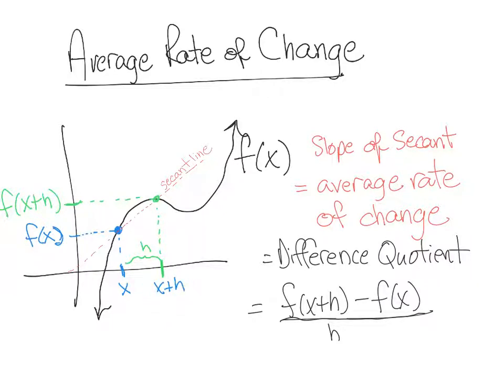And then we're going to use any x value instead of a number, and any distance instead of a particular number. This way we can find a function for the difference quotient, and we can plug in any x we choose so that we can see any possible outcome.